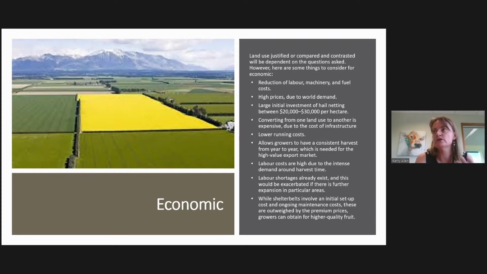So for economic, you might look at reduction of labour or high prices, or the cost of conversion, or the initial land setup, or labour shortages, so you're going to have to pay more for labour. So these are the things that might play a part in the economic justification for or against a particular crop or land use change.